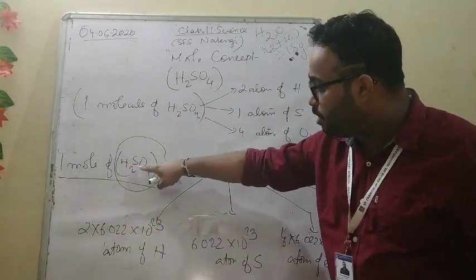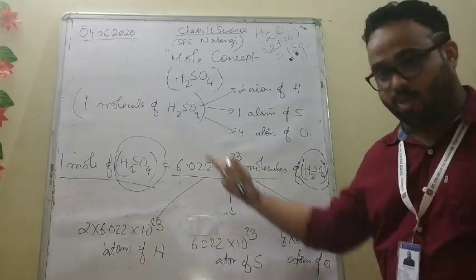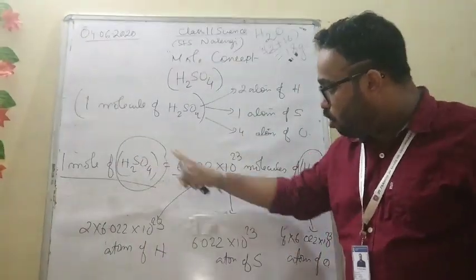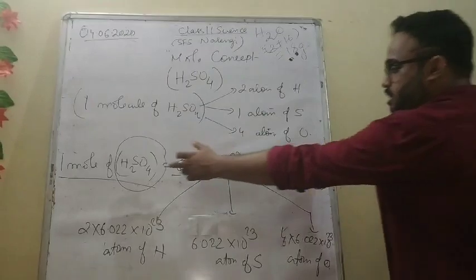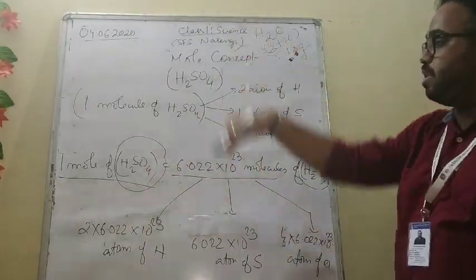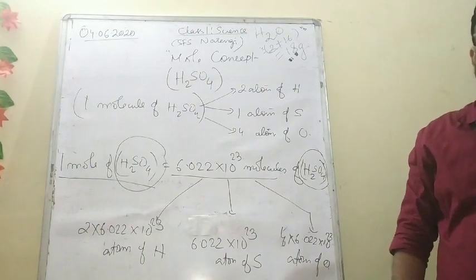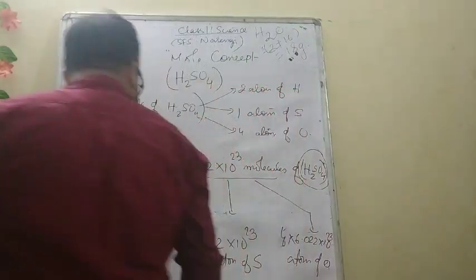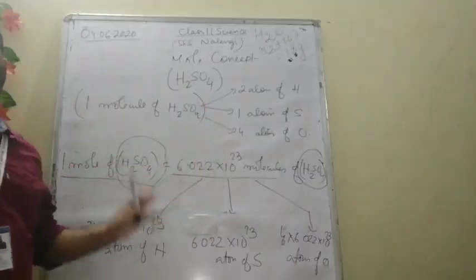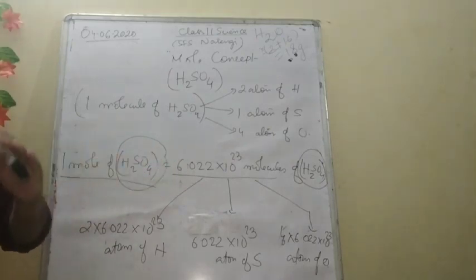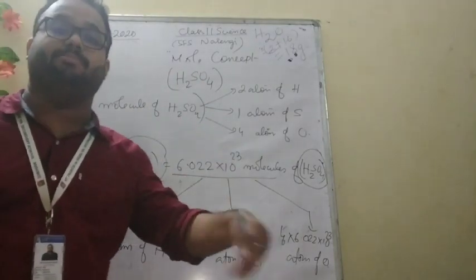If you need to take out S, directly this because it is 1. If you need to take out O, then 4 into this much because there is 4. This is one part of the concept. Clear? Okay. So this is the overall idea of mole concept. Today we will be doing questions related to this to take out the number of moles.